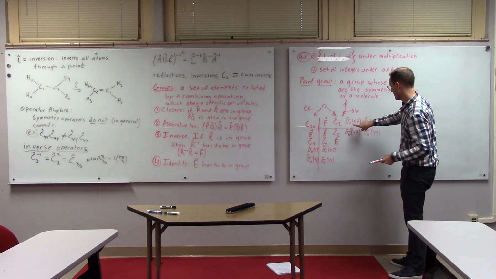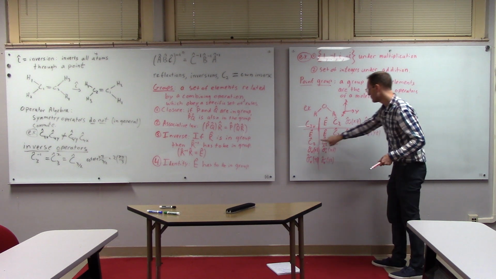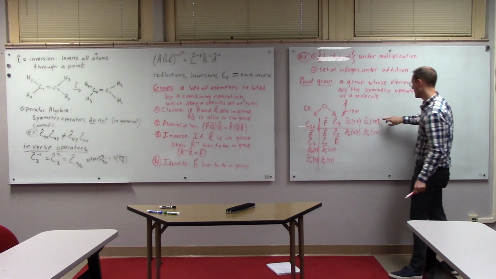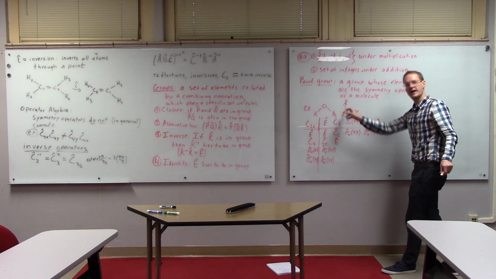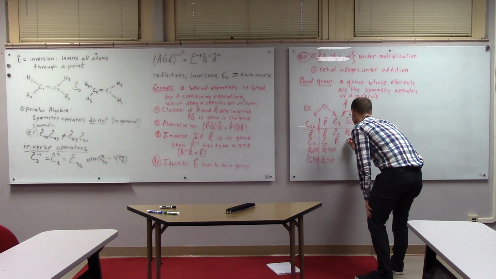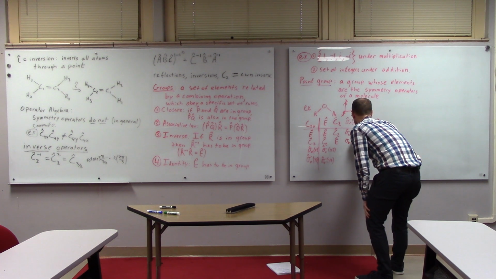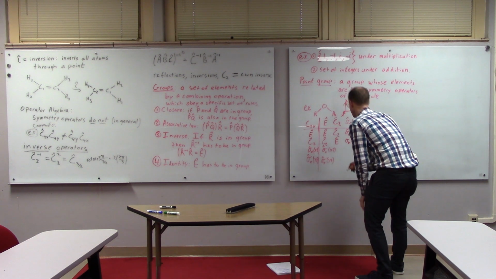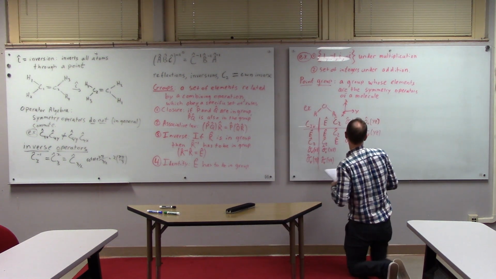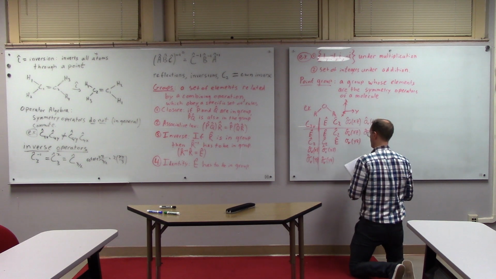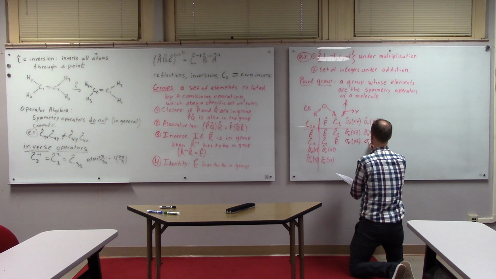And so doing this operation followed by this operation is equivalent actually to sigma V YZ, which reverses the direction only of the x-axis. So here we'd have sigma V YZ. And by similar arguments, sigma V YZ followed by the C2 operation gives you sigma V XZ.